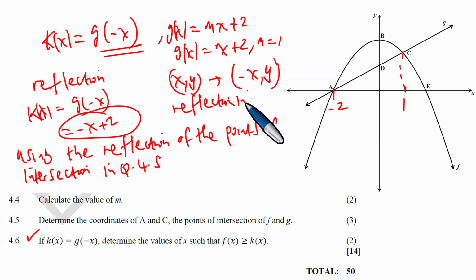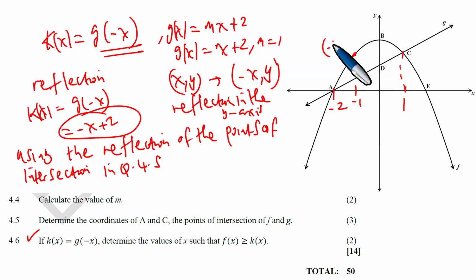Reflection in the y-axis. If you reflect in the y-axis, it means x becomes negative. So if you reflect 1, it's going to be minus 1, but the y remains the same.